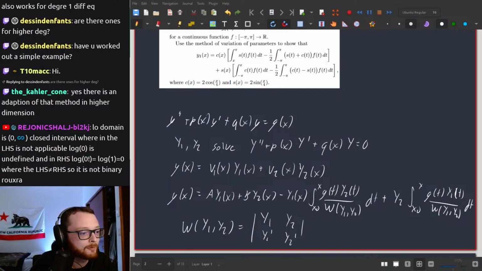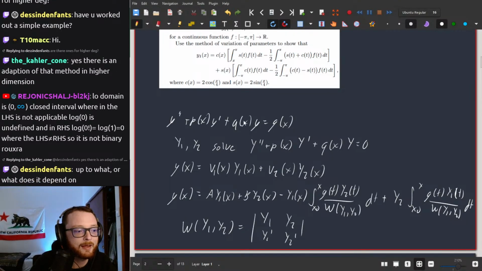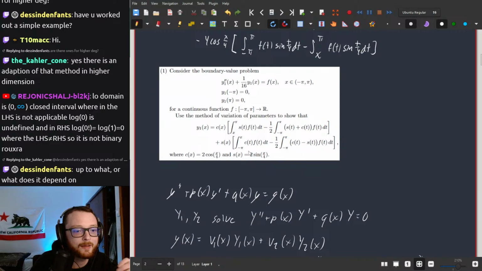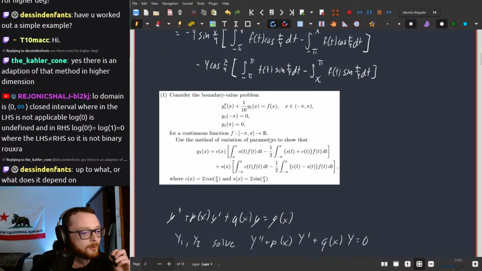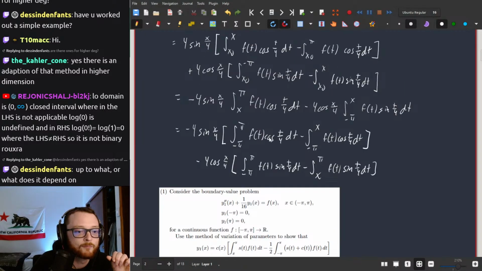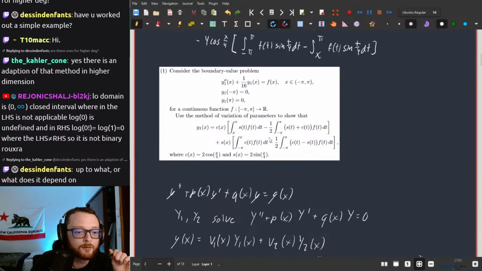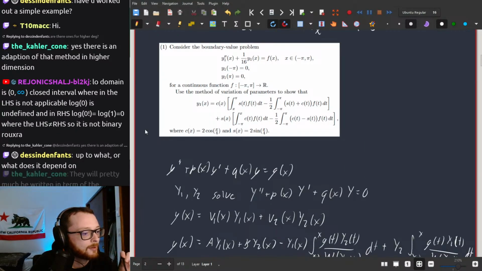Hey, T10 Mac, welcome in. Have I worked out a simple example? I mean, I've done this before. I can maybe try plugging the thing into the original differential equation and seeing if it works out. I don't know though, so let me see.